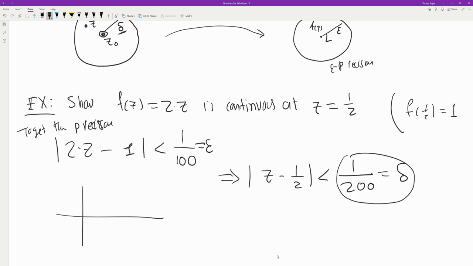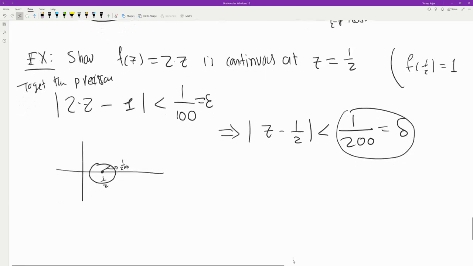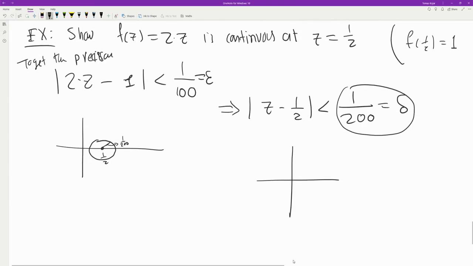So this is a half, and then you draw a ball 1/200. It will get mapped, where is 1 here?